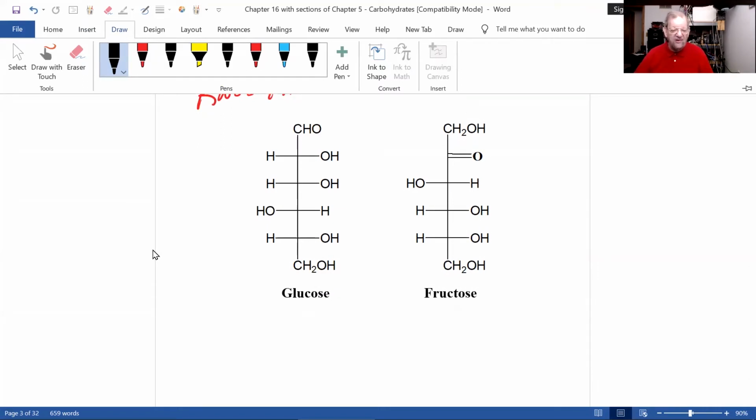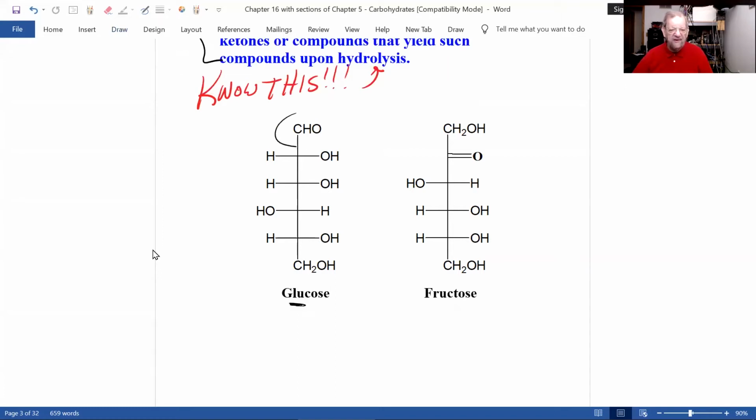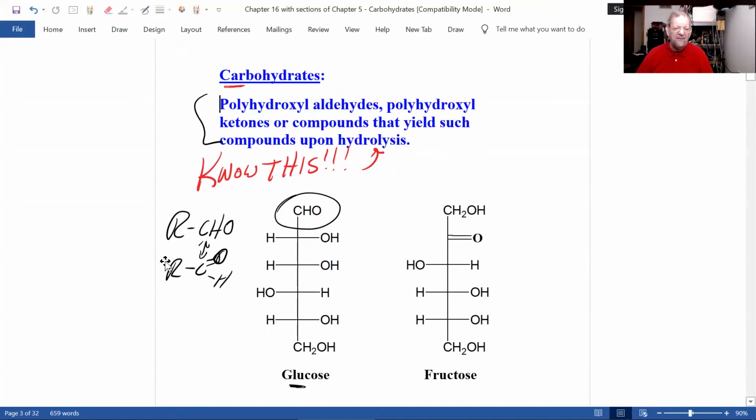Well, let's look at glucose. Glucose up here, this is an aldehyde. Carbohydrate chemists draw their aldehyde, and so does my software, like that instead of like this. And these are the same. And notice a carbohydrate is a poly, that means many, hydroxyaldehyde.